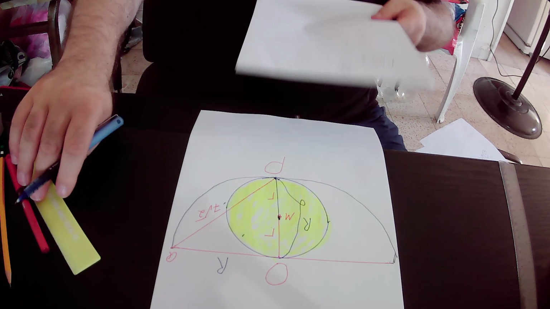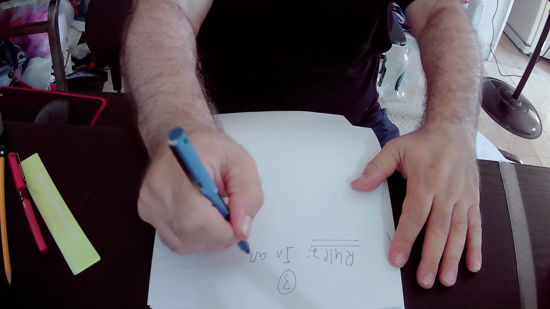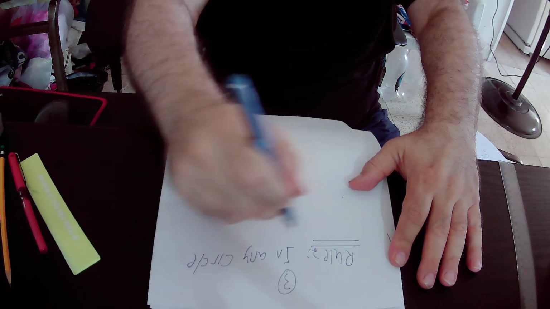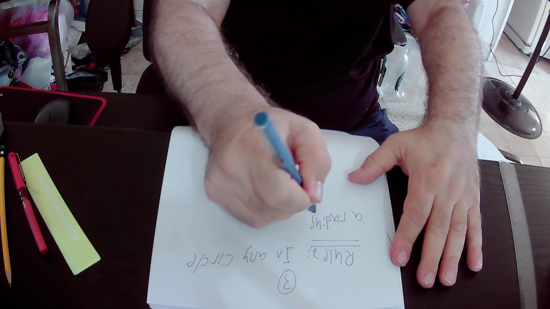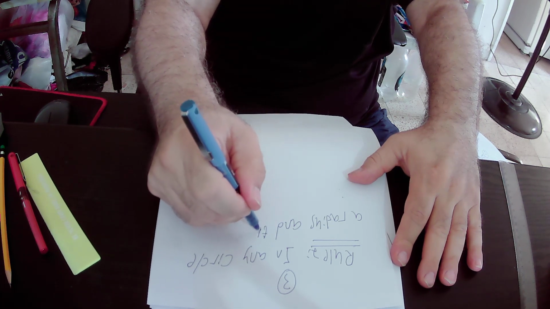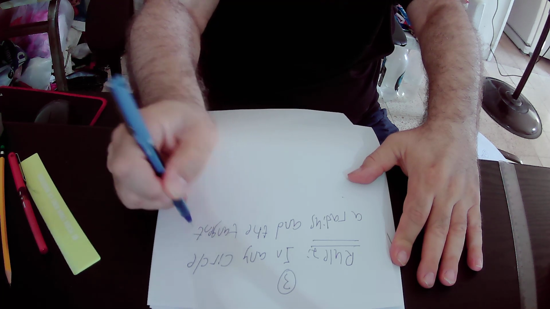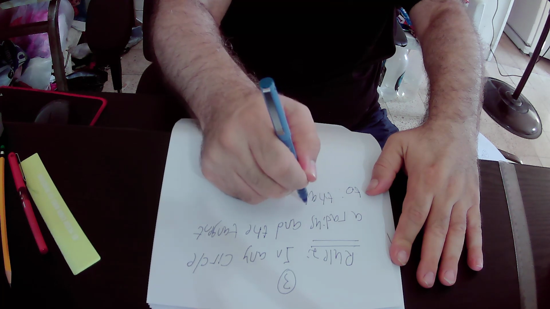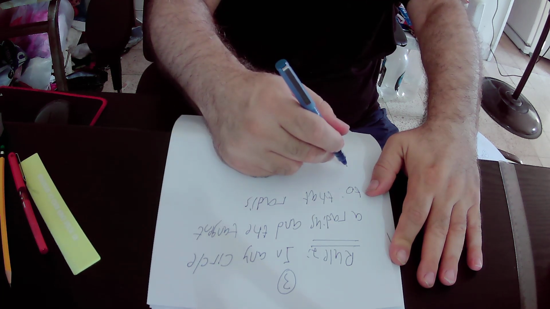According to rule number 2, in any circle, a radius and the tangent to that radius are perpendicular to each other.